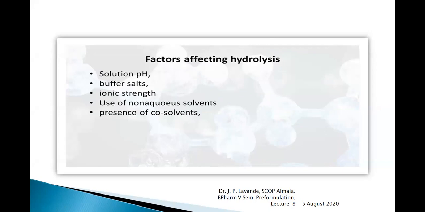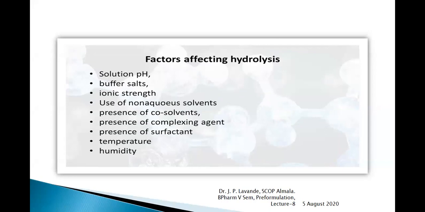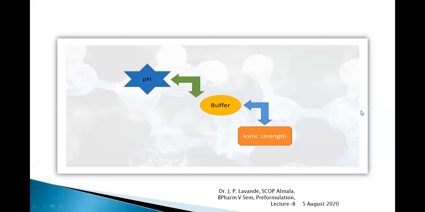Presence of co-solvent, presence of complexing agent, temperature, and humidity. All these factors are responsible for the process of hydrolysis. We have studied in sufficient detail the aspects associated with pH, ionic strength, and buffer. These are to be maintained in order to get stability.